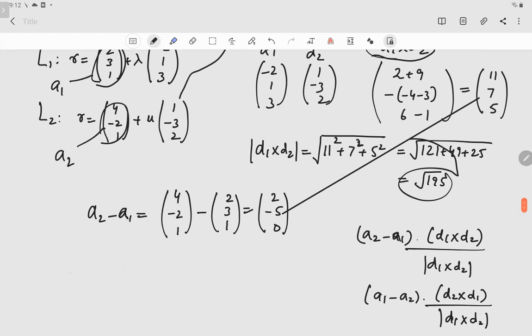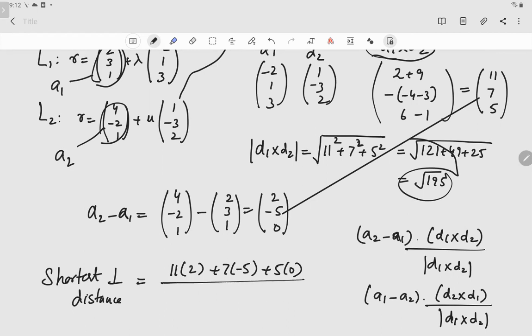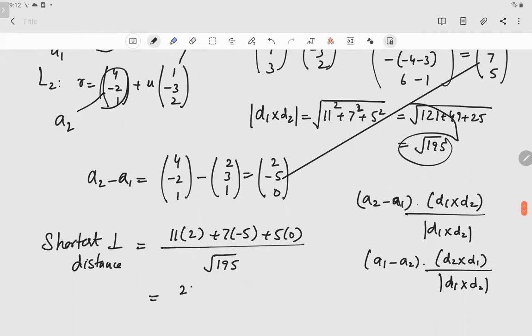So the shortest perpendicular distance is equal to 11 into 2 plus 7 into minus 5 plus 5 into 0, over the square root of 195. Now I am able to calculate the shortest perpendicular distance.